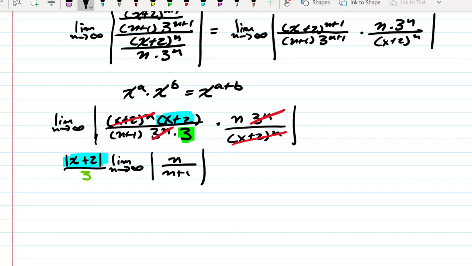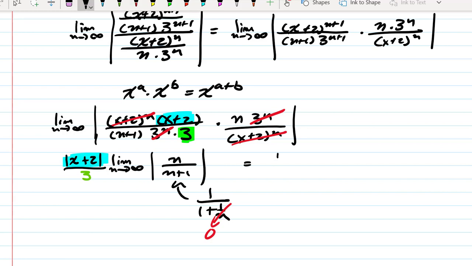So now when we evaluate this limit, we have infinity over infinity, which you could use L'Hopital's rule if you wanted to, or we could just do some algebra and reduce this to 1 over 1 plus 1 over n. And as n goes to infinity, this goes to 0, so that limit is going to be 1.